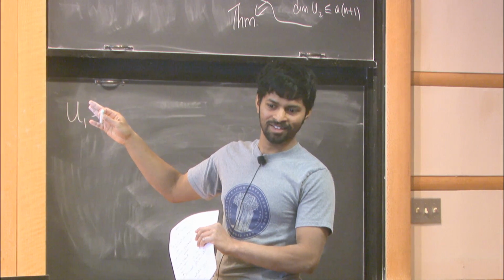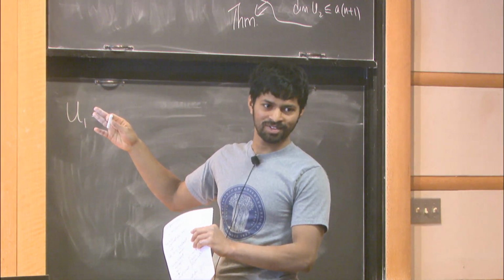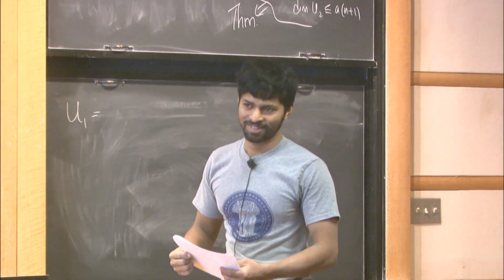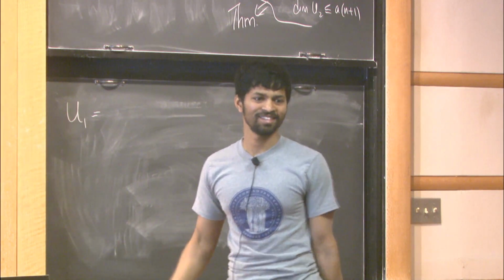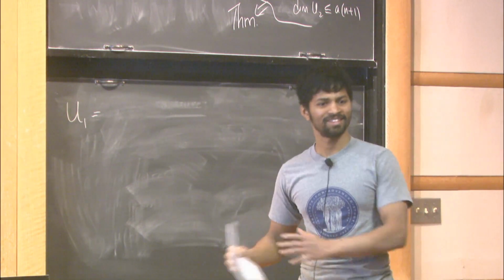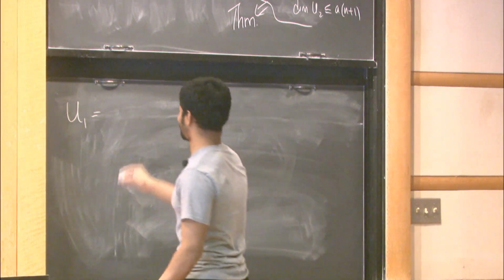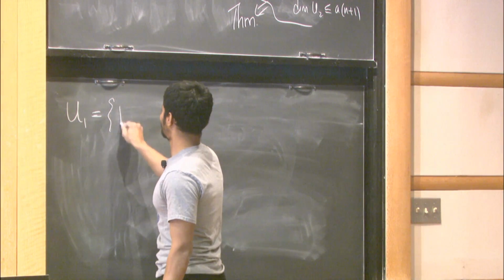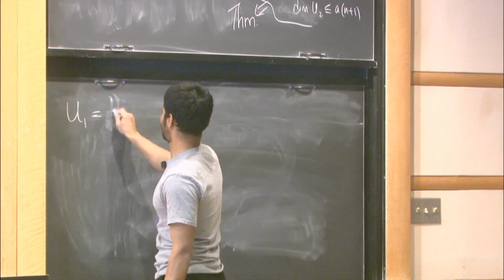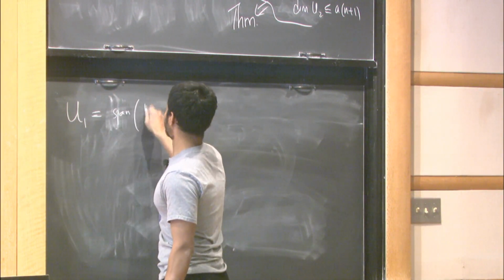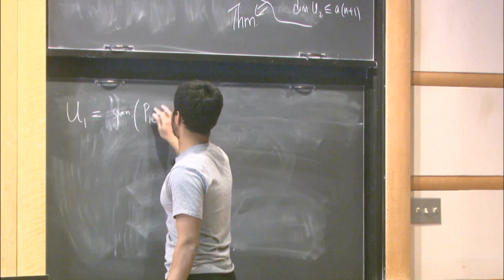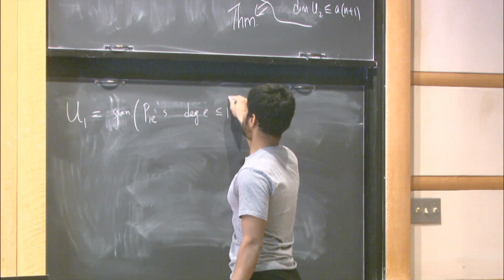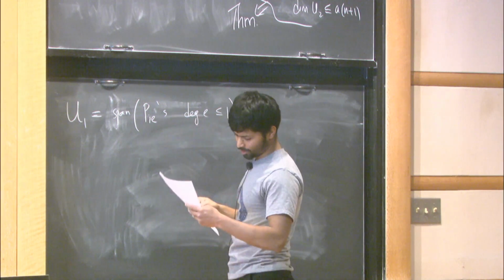That would be dimension 1. And then the other two, e has degree 1, f has degree 2. That can give you one of the spaces. Let's do it. We don't have to ignore it. I just say you take the span of all these p_ie where degree of e is less equal 1.